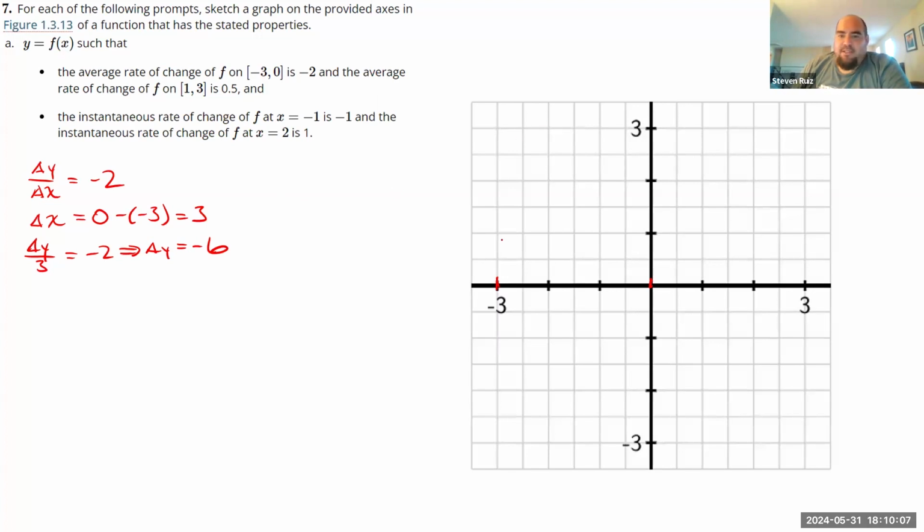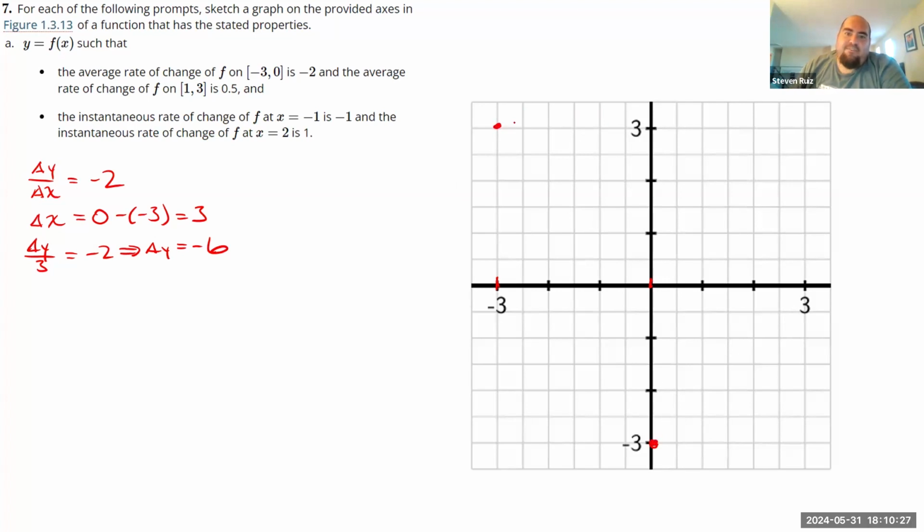So let's just do this. Let's start at -3, 3. And then from -3 to 0, I have to decrease by 6. So that's going to put me here.